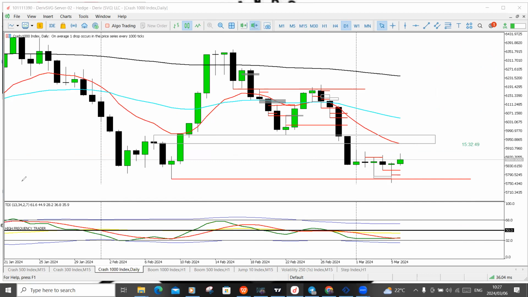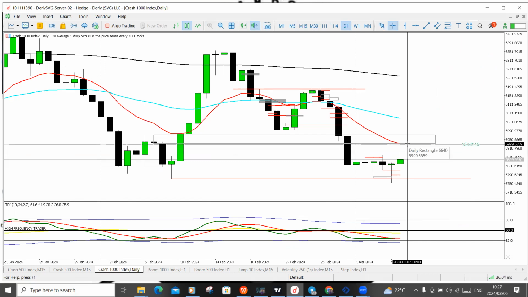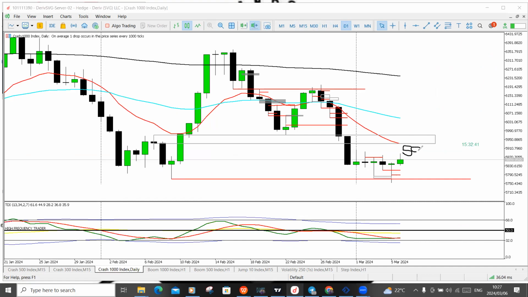So C5, I won't be active until price gets to 59.30. Between 59.20 and 59.30, those are my points of interest for a possible sell. It could be short term, it could be long term, but that's where I'll start actively looking for a setup. So this one, I'm just going to leave it on the daily chart for now.